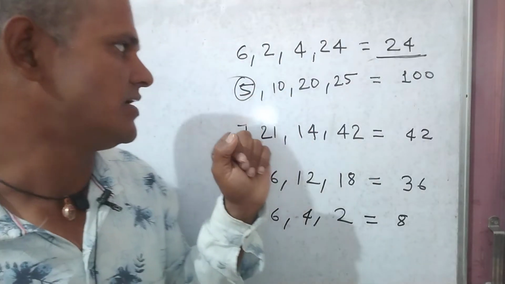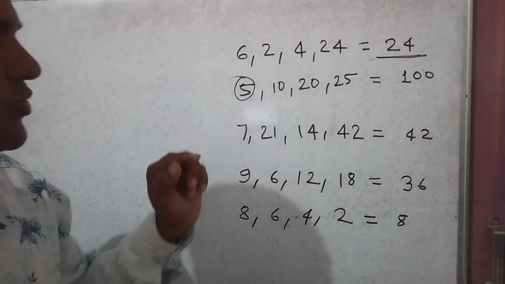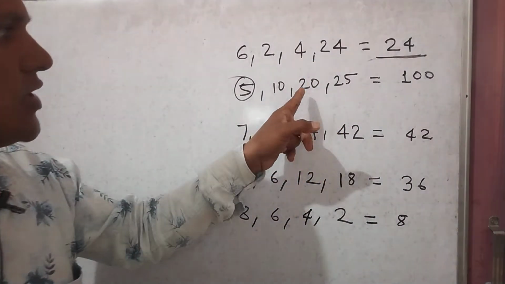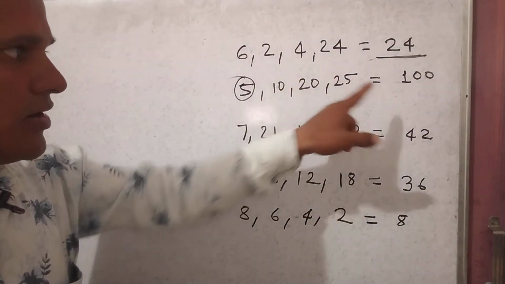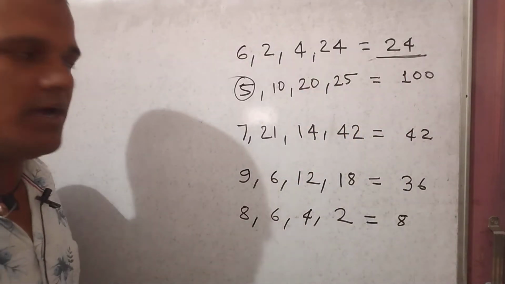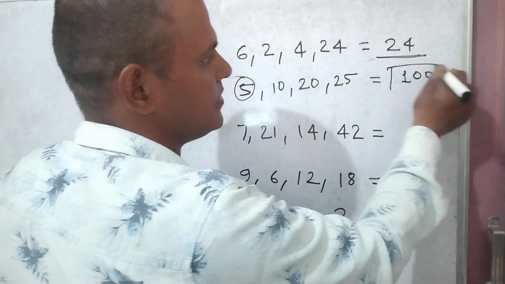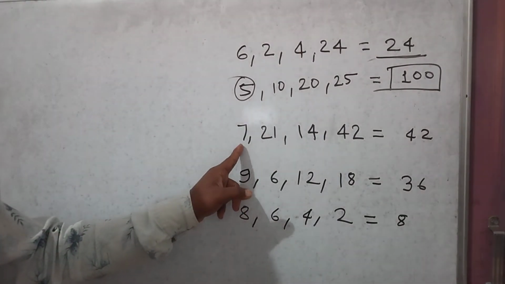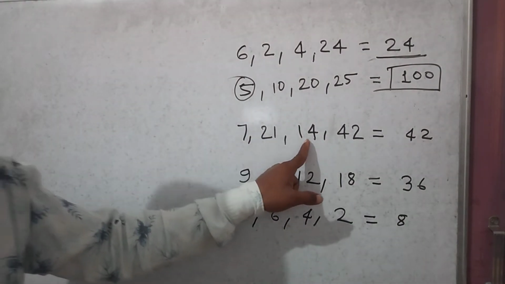So 25 into 4 will be 100. 100 is divisible by 20, yes. So the LCM is 100.